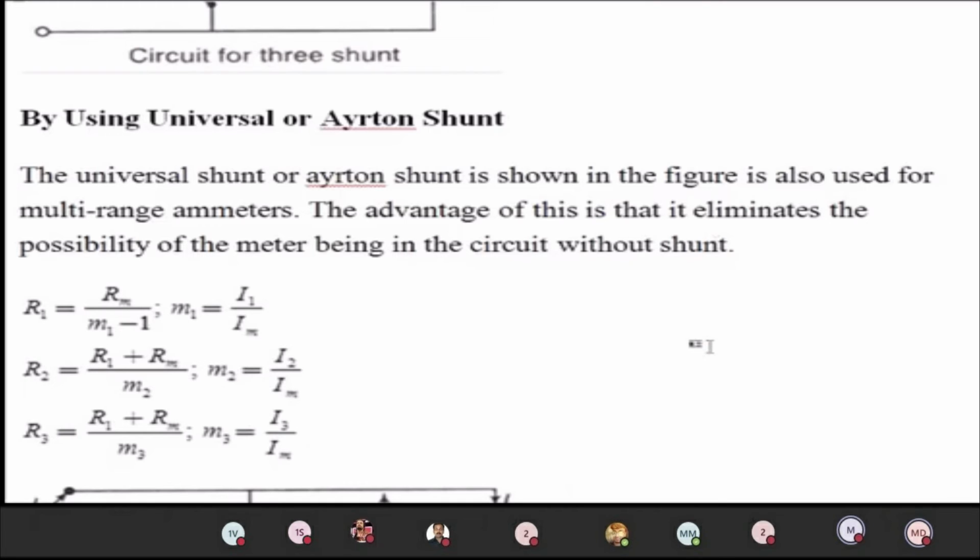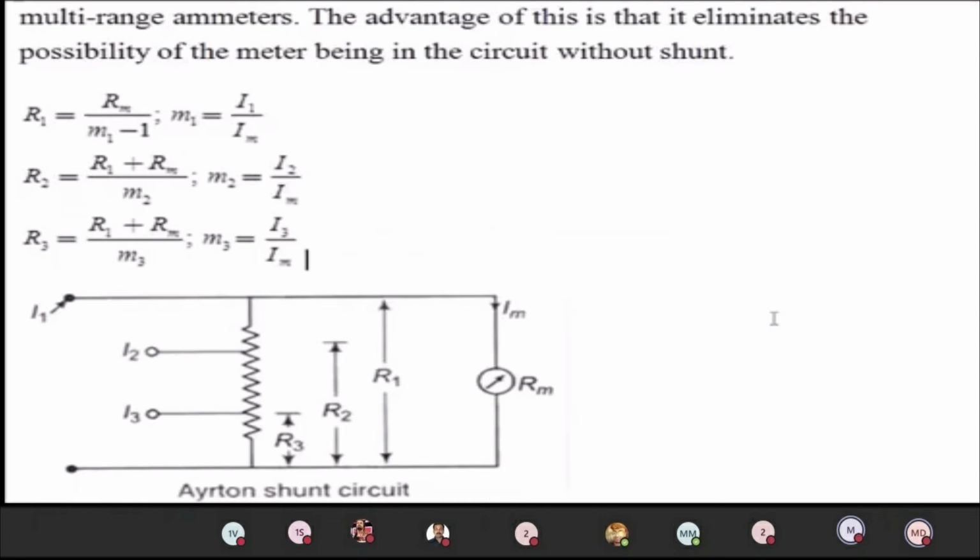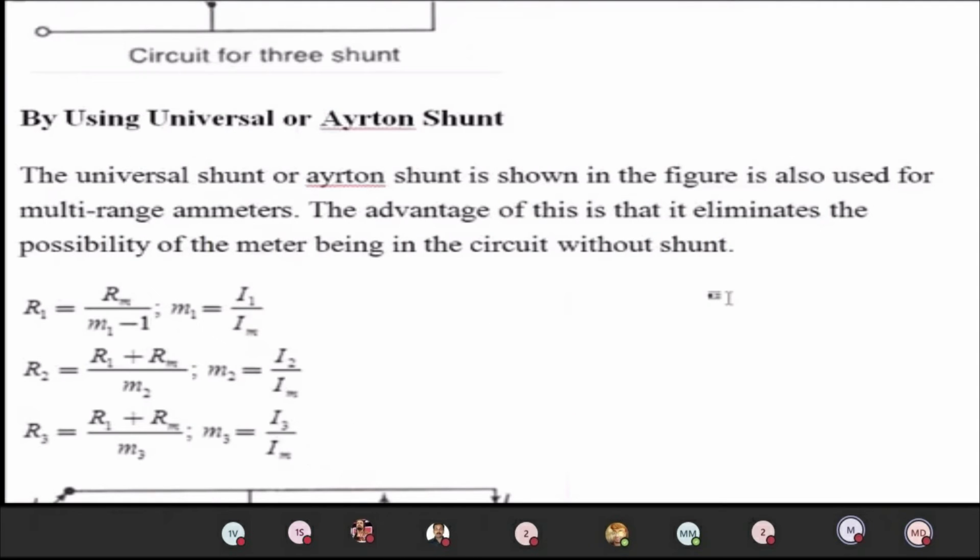The advantage of this method is it eliminates the possibility of the meter being in the circuit without a shunt. Again you can see the same formula, R1 is equal to R_f by (M1 minus N). Okay, this is another method. So by using the Ayrton method, you can eliminate the possibility of the meter being in the circuit without a shunt.